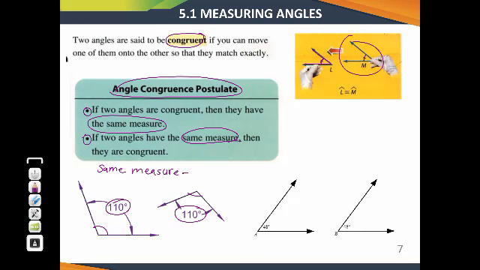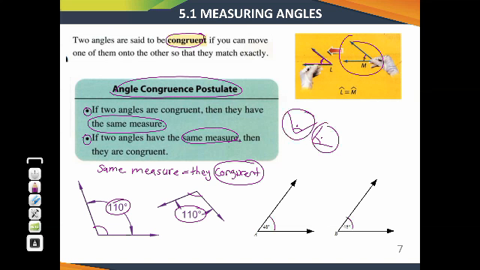So we can say they are congruent. Yes, they are congruent. Or if you have two same angles, for example, this is one knot and this is one knot, it means they have the same measure. So they are congruent. We have 48 degree, 48 degree, it means we can say A is congruent.